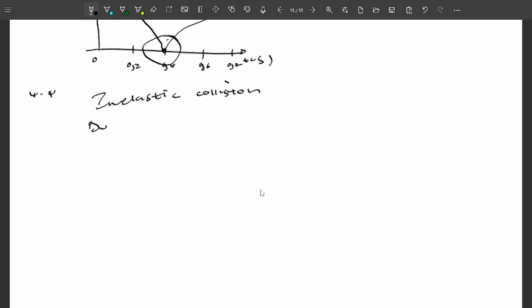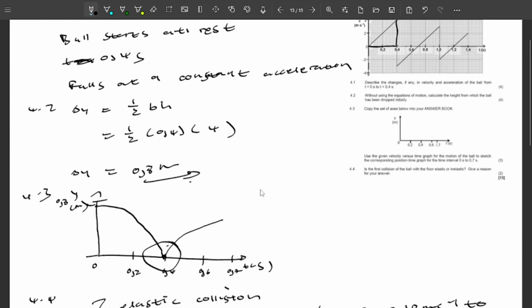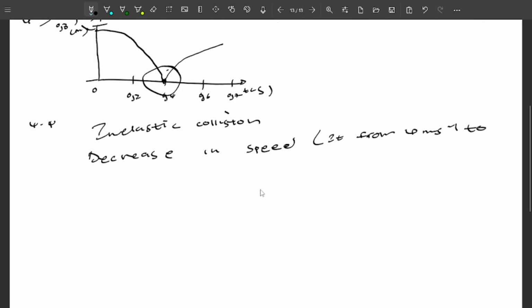Because there was a decrease in speed, and it went from 4 meters per second to, let's just say, 3. You can choose any number you want, but I'm just going to take 3. But don't say 4 to 3 meters per second. So that's how you answer this one.